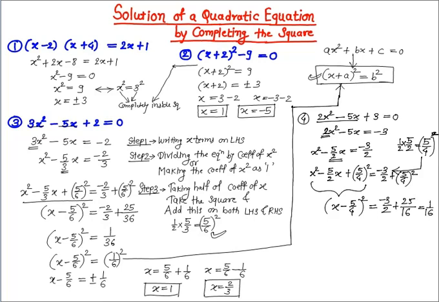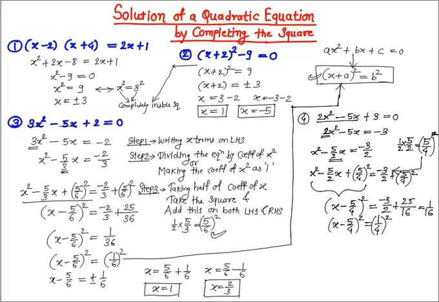So what do we get? (X minus 5 by 4) whole square is nothing but 1 by 16, and 16 we can write as 4 square. So (1 by 4) whole square. Now if we take the square root on both left hand side and right hand side, what do we get?